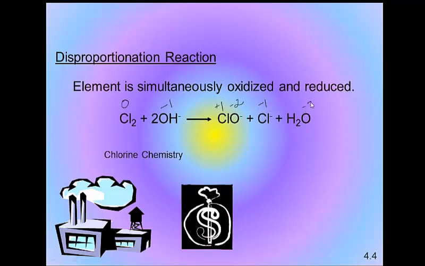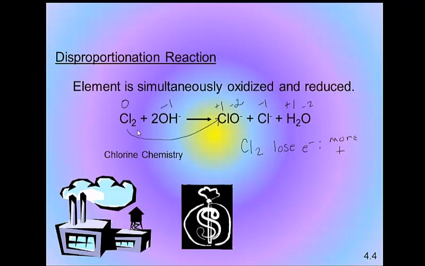This is an ion, so with the rules we've already had, you should know how to assign oxidation states. We did that already. You will notice that nothing changed for the hydrogen and the oxygen. This would be a -2 and a +1. So that means that the chlorine gas went from 0 to +1. That is actually going to be a loss of electrons, because it's becoming more positive.